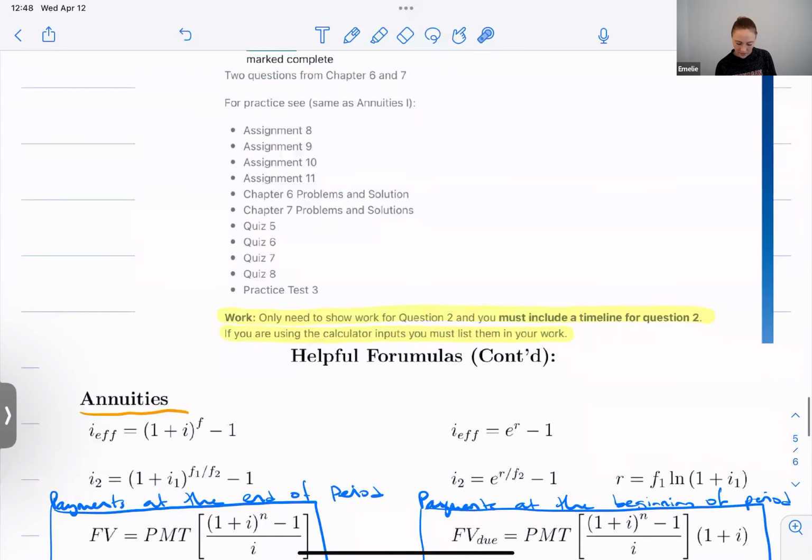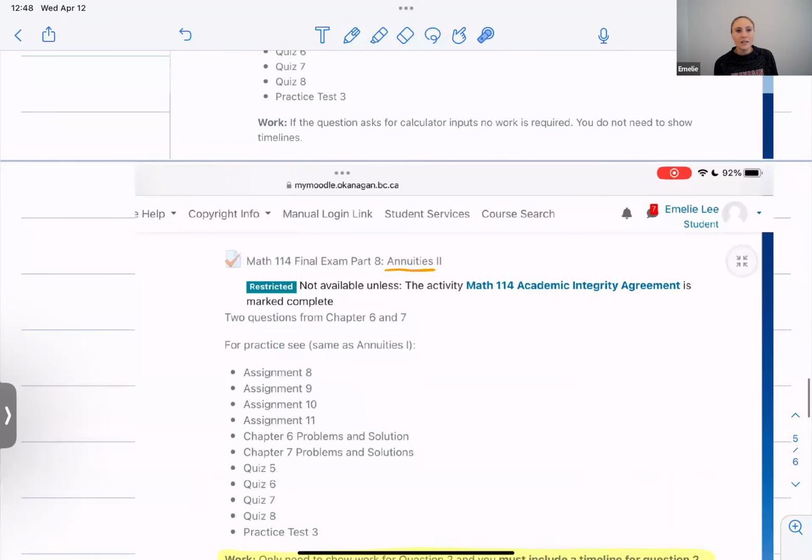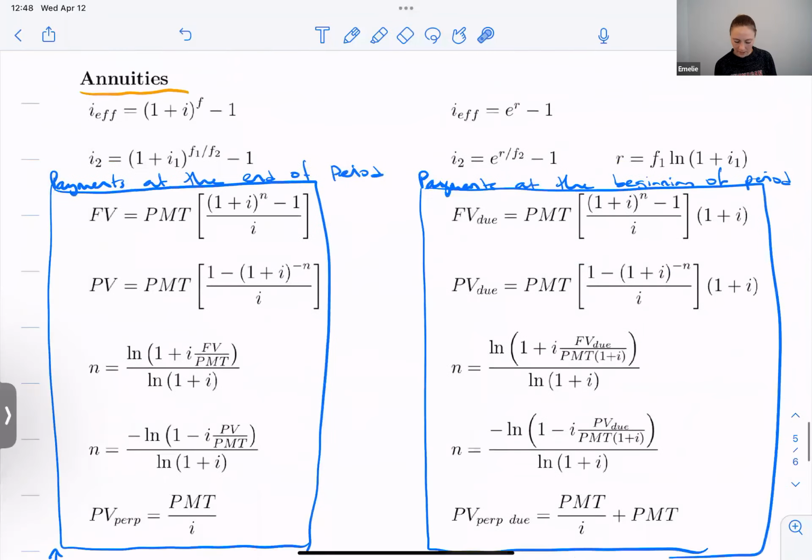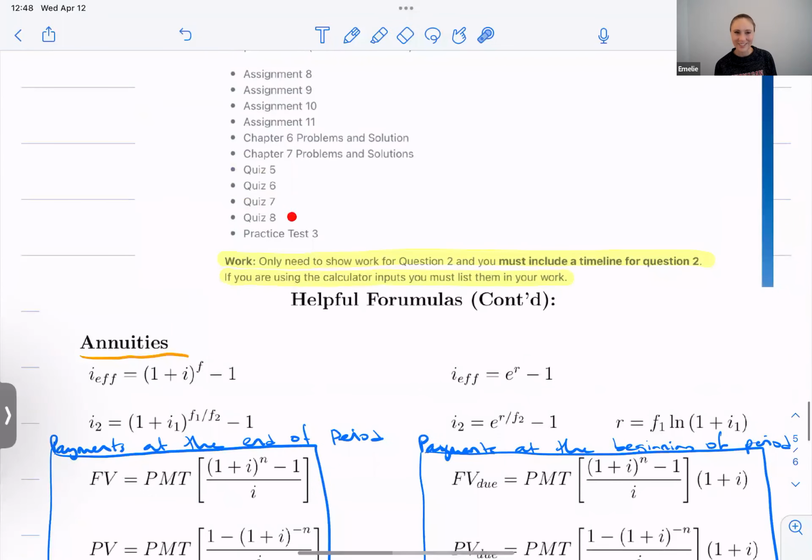All right. But those are our special cases. And I can't remember if there are perpetuities on the final exam. I don't think so, but just be prepared. I don't think it's on the list, the quizzes. Safe bet.